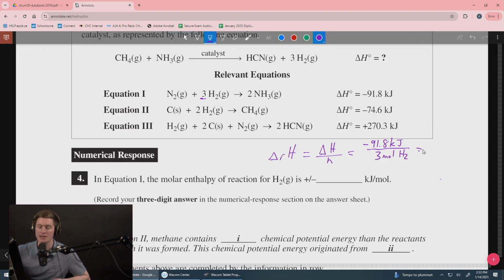Negative 91.8 divided by 3 is going to give us negative 30.6 kilojoules per mole of hydrogen. We don't need to put in our negative here because they are telling us that it's plus or minus. They're just looking for the number 30.6 kilojoules per mole.